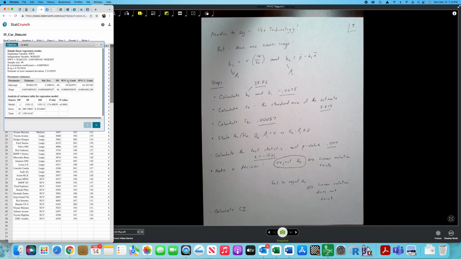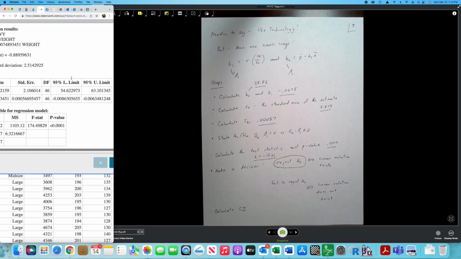So it looks to me like this is negative 0.086 up to negative 0.0063.